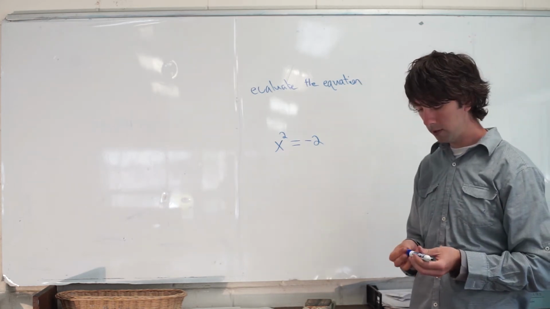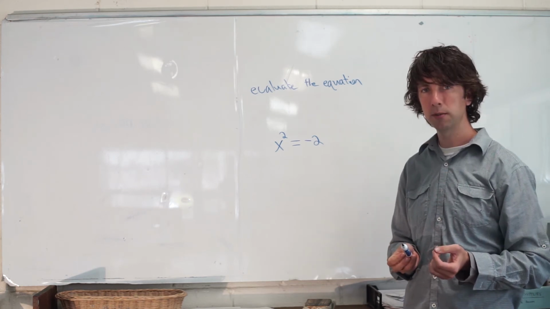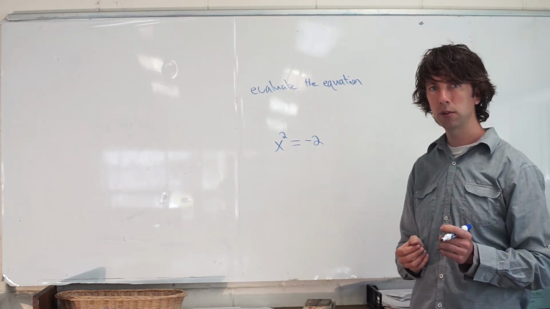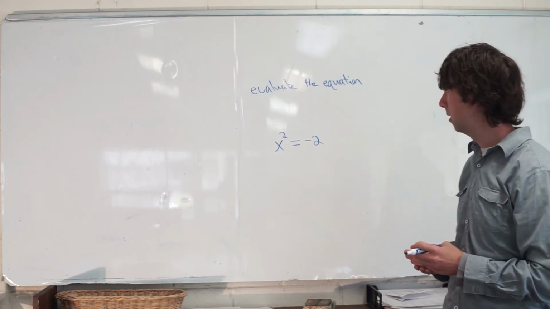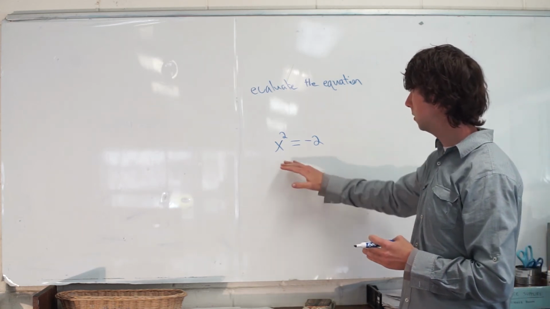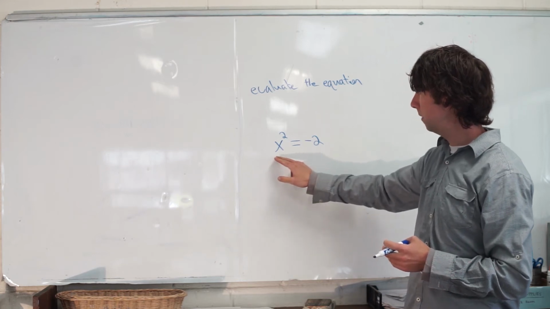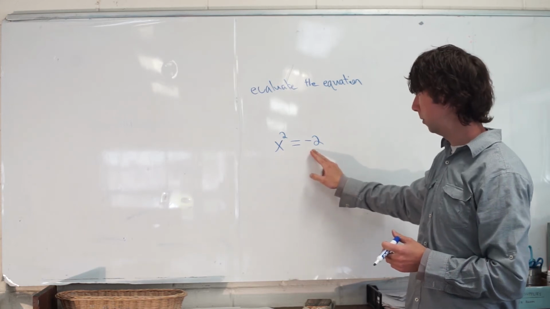So one of the things that happens, you might recall, when you multiply a number by itself, is that if that number is positive, it's going to remain positive, and if that number is negative, it's also going to become positive. So that means that this equation presents a challenge because there is no value that you can plug in for x that's going to yield a negative number.